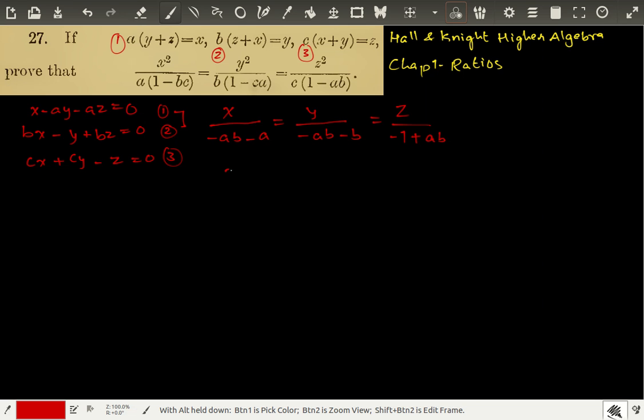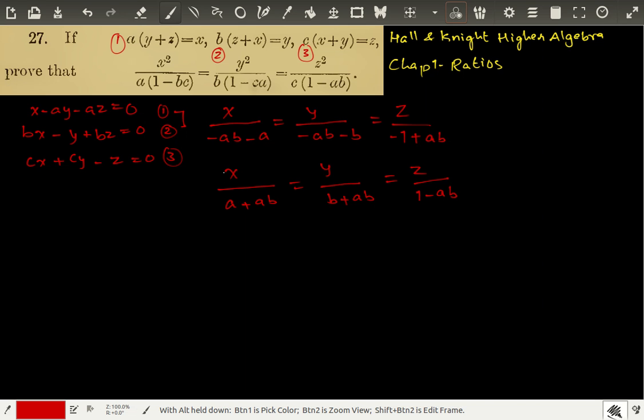So we will get x over a plus ab, y over b plus ab, z over 1 minus ab.